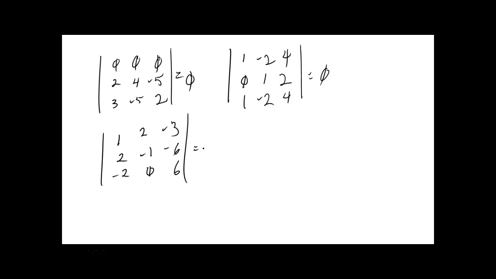Why? Yes, column 1 and 3 are multiples of each other. Negative 3 times that is negative 3, negative 3 times that is negative 6, negative 3 times that is positive 6. Yes, multiples, 2 columns or rows are multiples of each other. The determinant is 0. Okay?